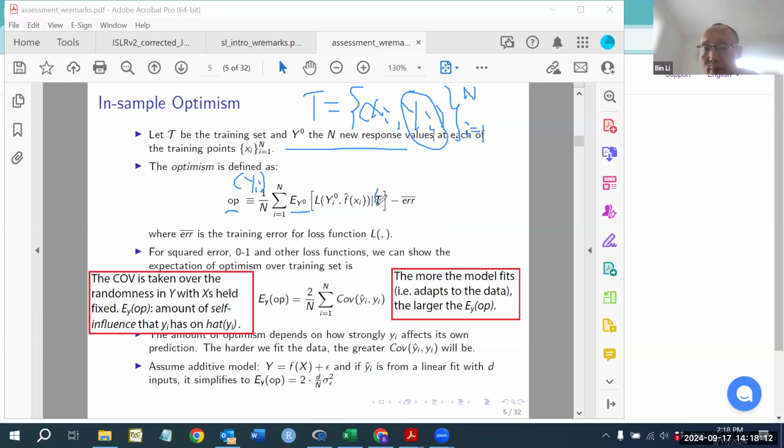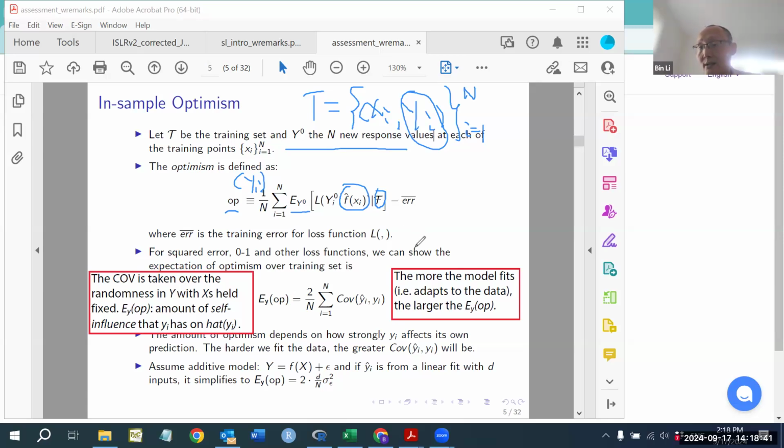But here I'm talking about the training data. In the training data, we have the yi. This also has randomness. If I keep the same x, but regenerate the y, and then use that to fit the model, that model will be different from this model. So the f hat will be different if I regenerate the y values for the training set.